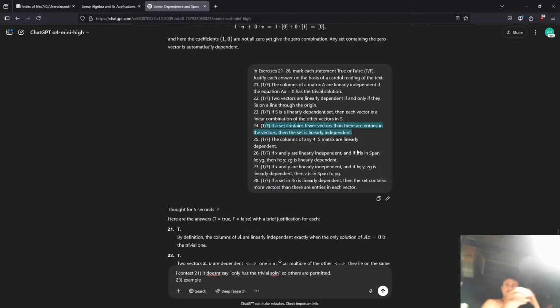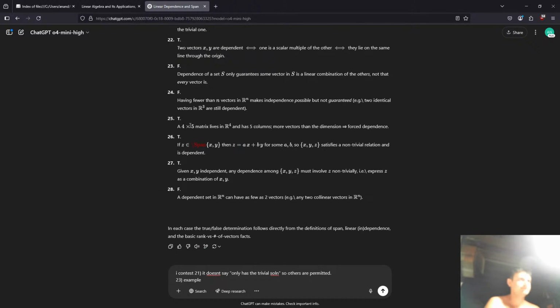If a set contains fewer vectors than there are entries, it's interesting because I think they changed it from independent to dependent, because this is true for dependence. If there are fewer vectors than there are entries, then one of those has to be dependent. Okay, so I got that right.